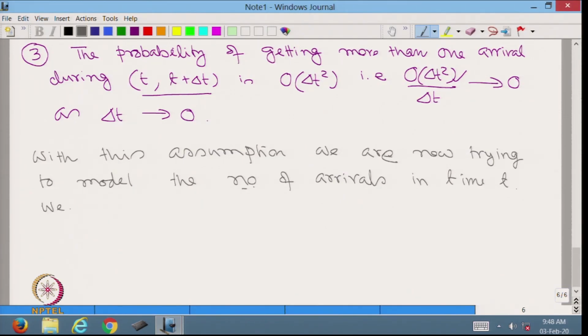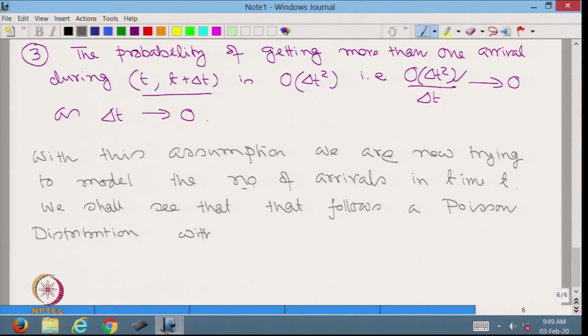We shall see that it follows a Poisson distribution with parameter lambda t. So, let us start.